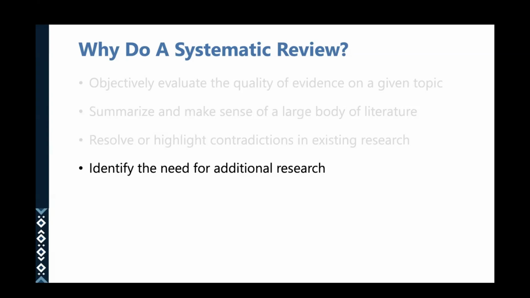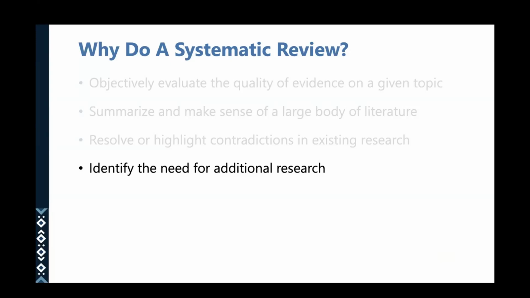It can also help you to identify the need for additional research. This is particularly important today in grant writing because sometimes before you write a grant, you might want to demonstrate that that grant is going to be fulfilling a need. And a systematic review is usually a very good step to do that.